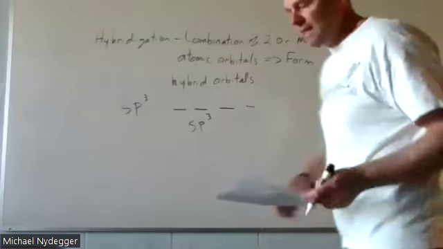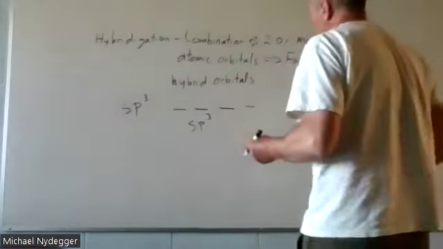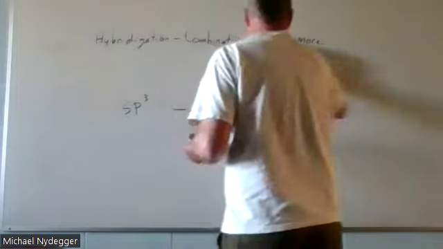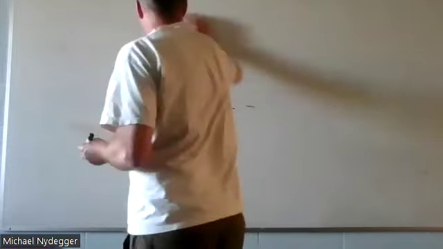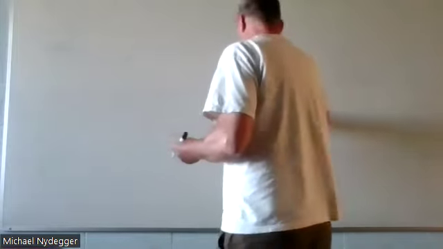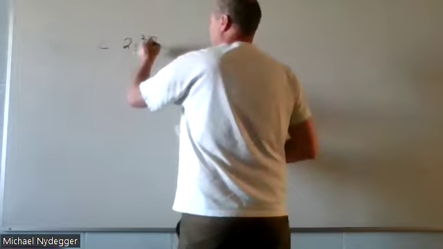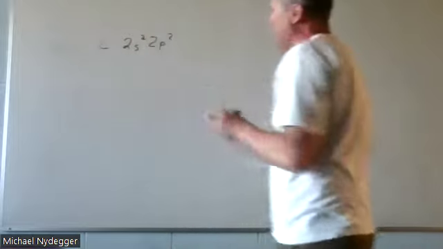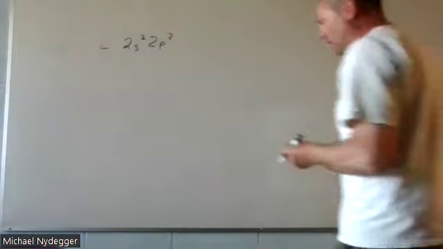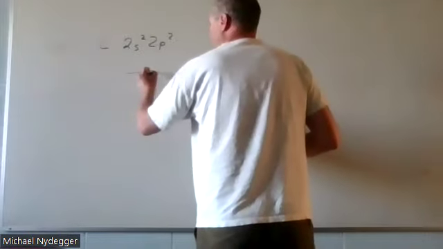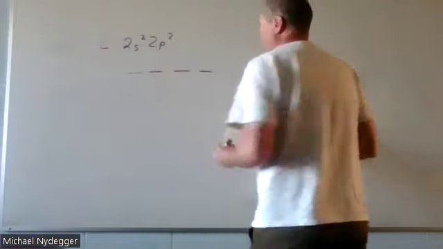For example, an example of this would be carbon. Carbon is what we're going to be talking about. That's what you're going to talk about this entire semester or year, carbon. So for example, carbon is going to be 2s2 2p2. Now we can break these up into 1, 2, 3, 4.